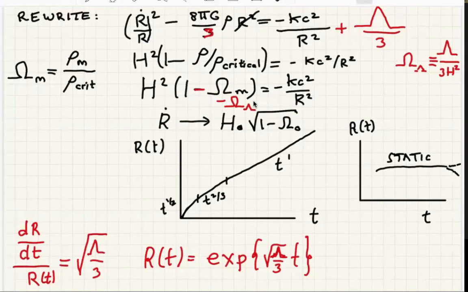But if the term really is a constant, then that expansion just keeps going exponentially faster and faster. In principle, this is a big extrapolation, could be wrong. The expansion will be so exponential that everything will move out of our horizon. We'll be no longer able to see any other galaxies at all, just our local group.